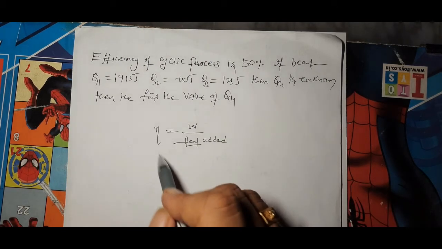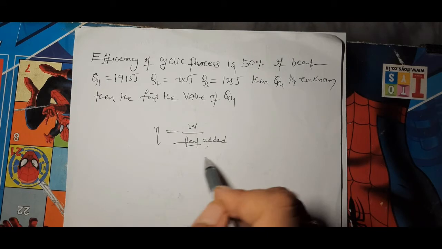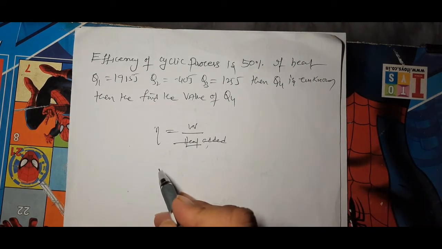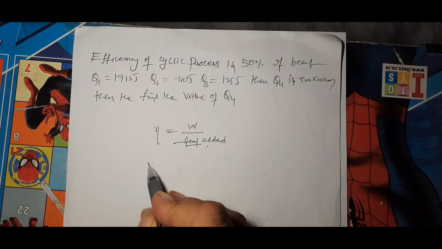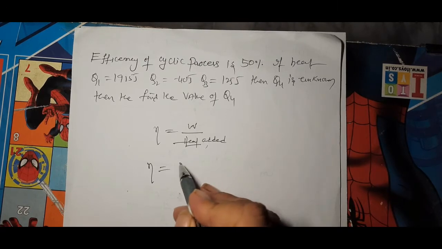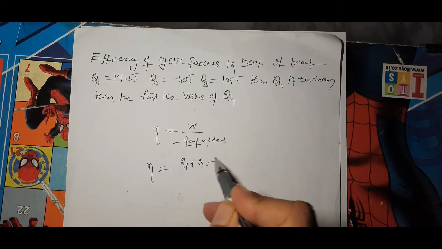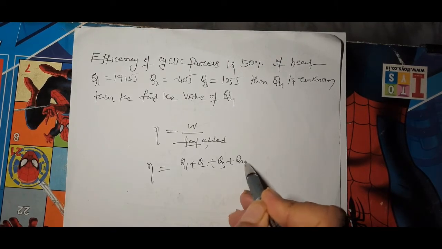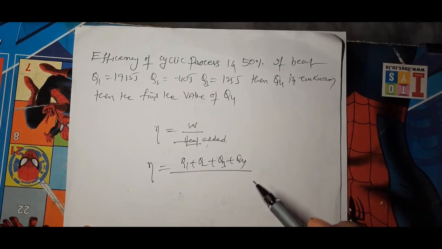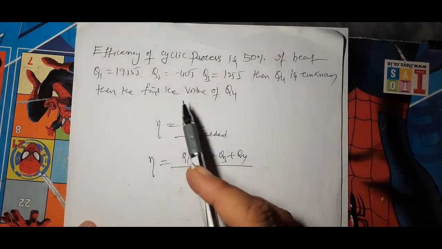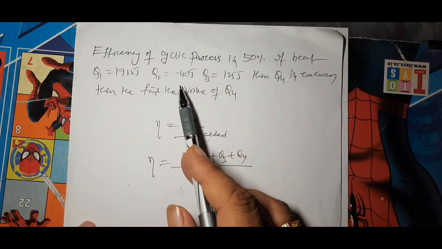So we know that efficiency is equal to total work done by heat added. Total work done is equal to Q1 plus Q2 plus Q3 plus Q4 divided by heat added. Here a negative sign is also given.